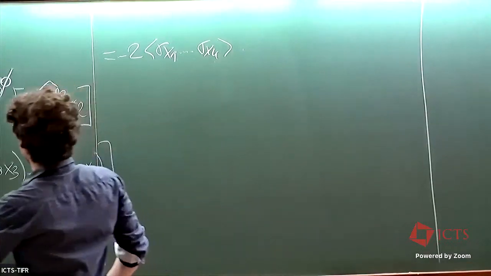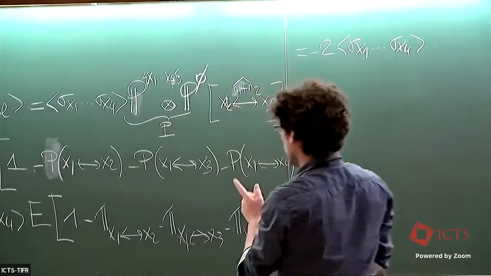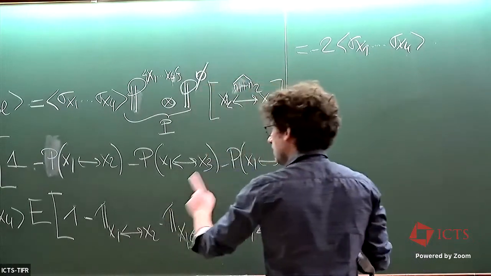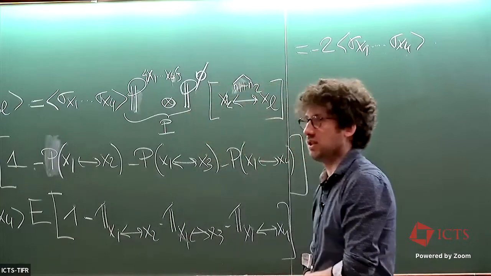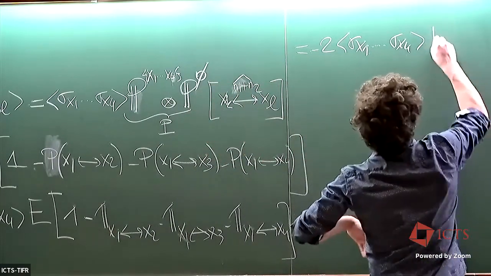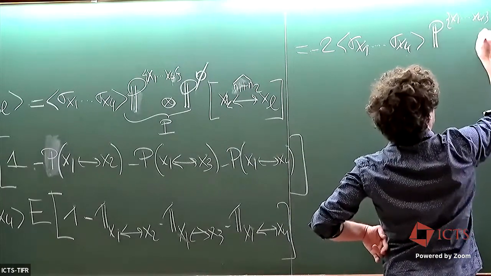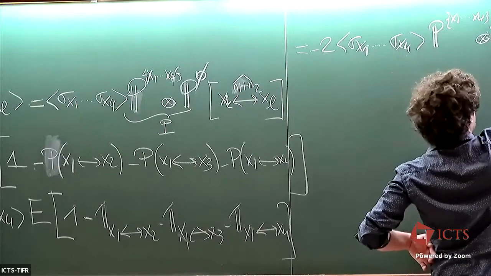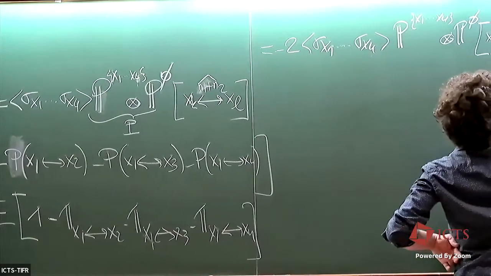By the way, sorry, at this stage, the source constraint is x1 connected to x4. So it's not necessary that x1 is connected to x2, but what is true is that either one of these indicator functions is triggering or 0, or all of them, sorry. So I get this: x1 up to x4 all connected.